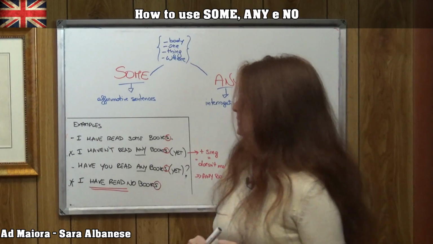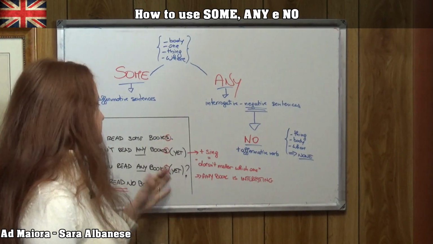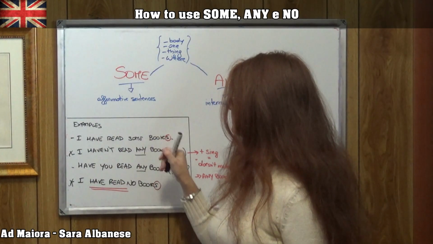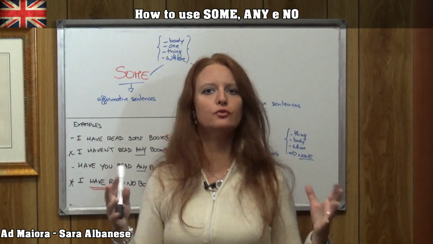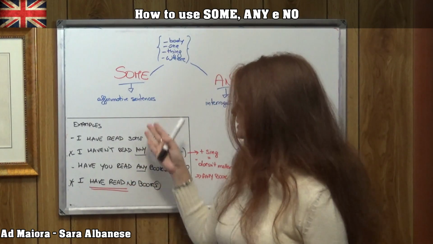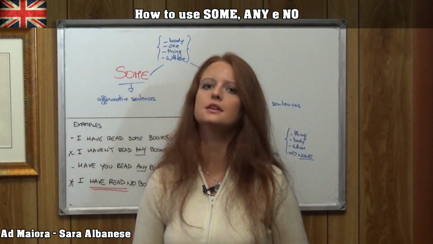Well, just another thing I'd like to tell you. As you can see here, I have put a red circle around the S of the plural of all nouns, because obviously with "some," "any," and "no," I always use the plural. I've already said that.